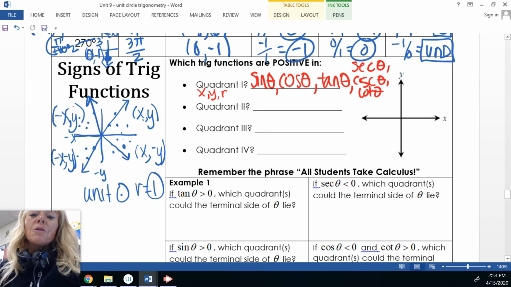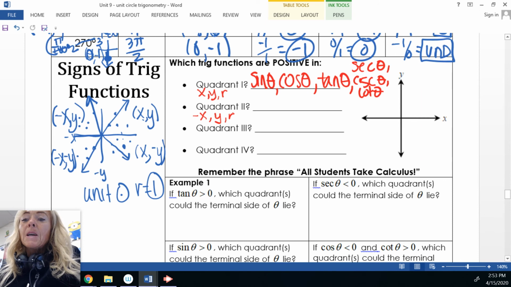Now what happens in quadrant 2 is I have a negative x, a positive y, and a positive r. So anything with an x in it will be negative, and therefore make it a negative solution. So the only thing that will be positive is y over r or r over y.